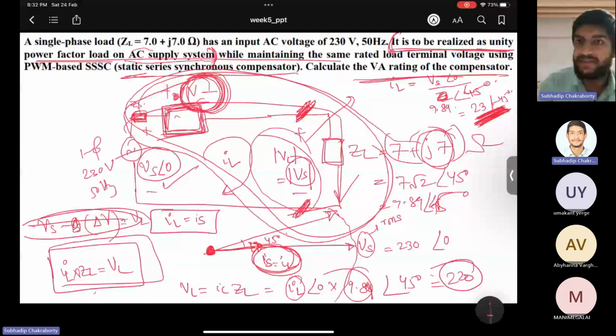Can't you calculate this injected voltage? Because you know KVL: Vs minus Vc equal to VL. So you do Vs minus VL equal to Vc.